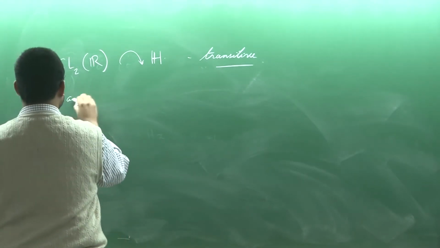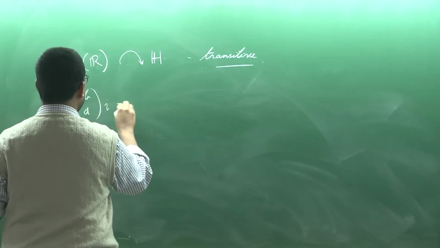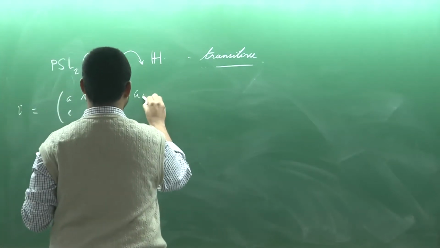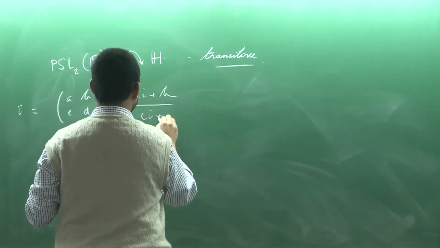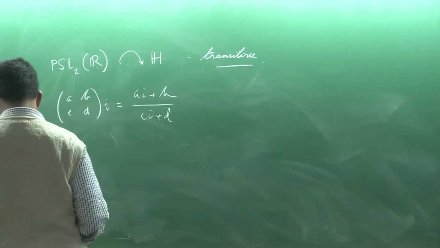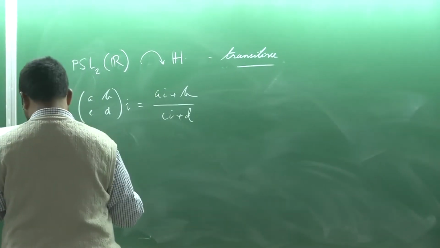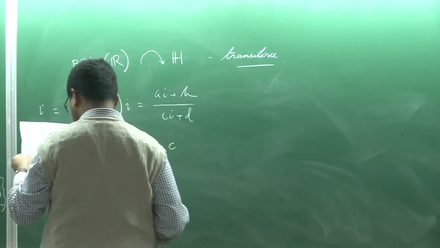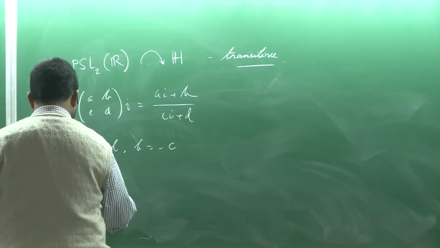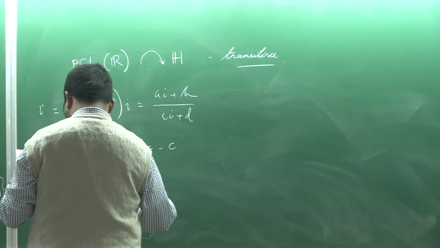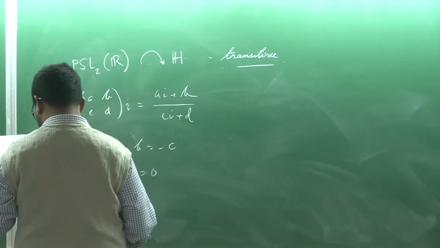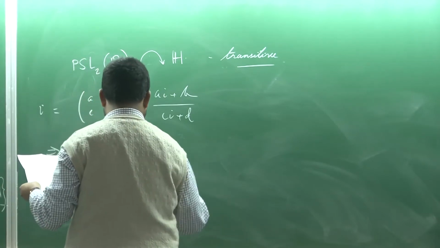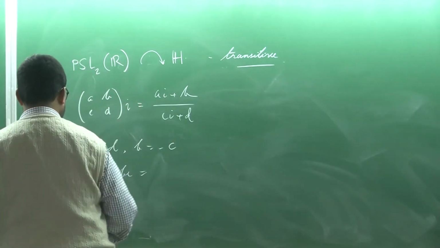Because i can be sent to any other complex number in the upper half plane, consider the stabilizer of i. If (a, b; c, d) stabilizes i, then we must have ai plus b equal to ci plus d times i. Further calculation tells us that a equals d and b equals minus c, and immediately one can check that in this situation ad minus bc, the determinant, is 1, so it is in PSL2R.